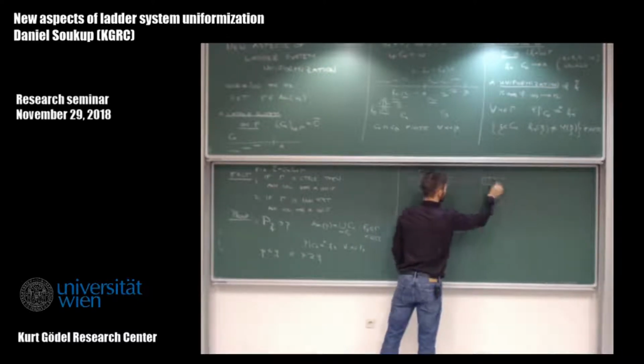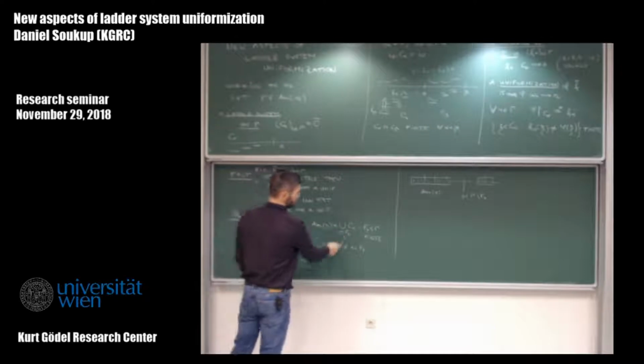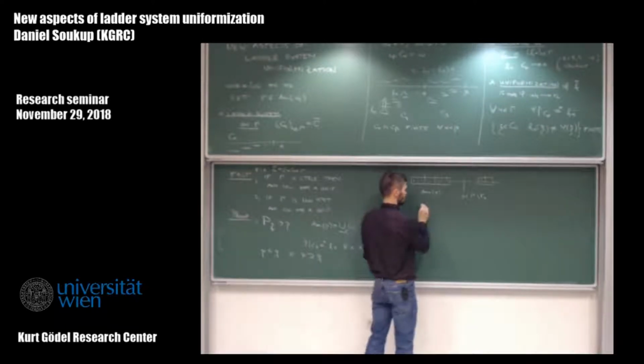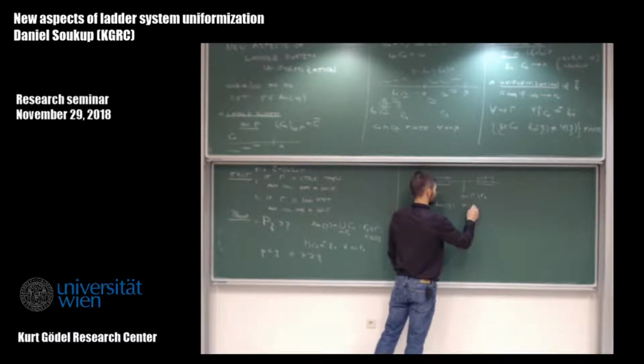If I take a beta in gamma that is not already in this finite set, then C beta intersected with this domain is still finite.